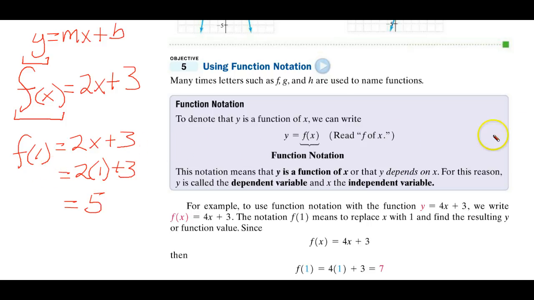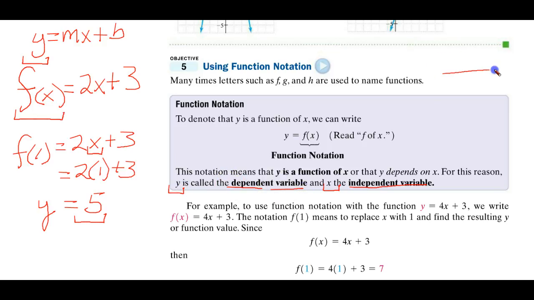Now, we also are giving another definition here. We're saying that the independent variable is actually the x. This is our independent variable, because depending what the x is, that determines what the y would be. Okay? The y is our dependent variable.